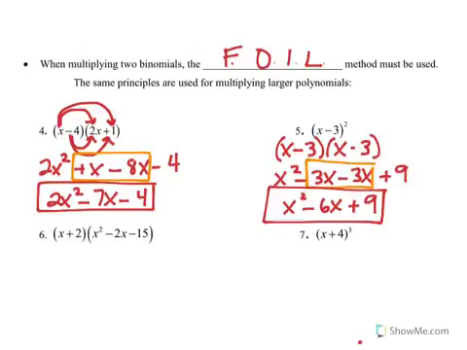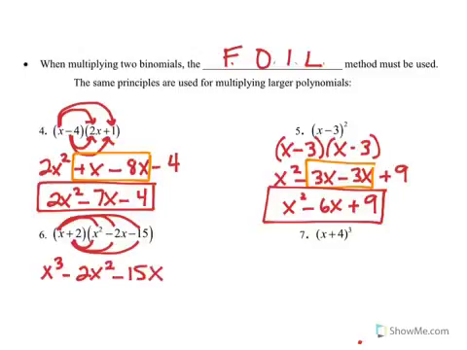Sometimes I have a binomial multiplied by a trinomial, and I have to distribute not 4 times, but 6 times. So 3 times with the x, and then 3 more times with the 2. This is going to become x cubed minus 2x squared minus 15x when I multiply everything by x.